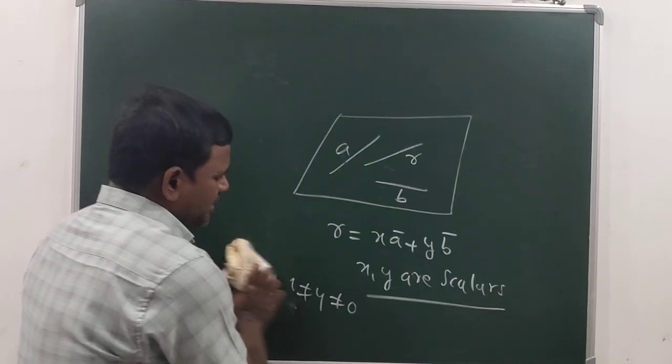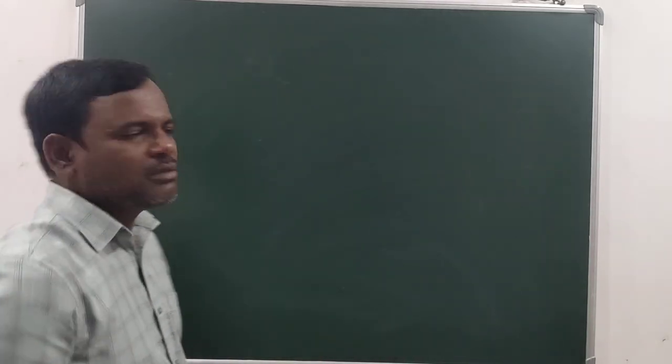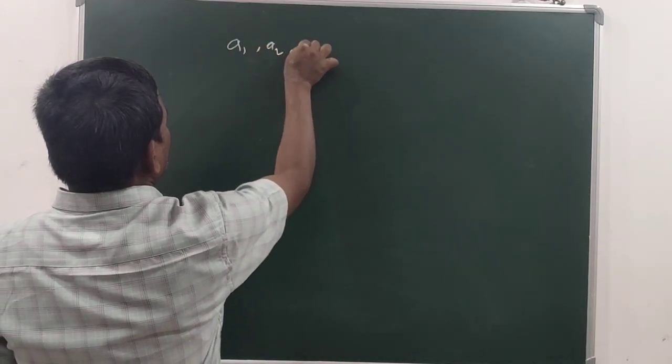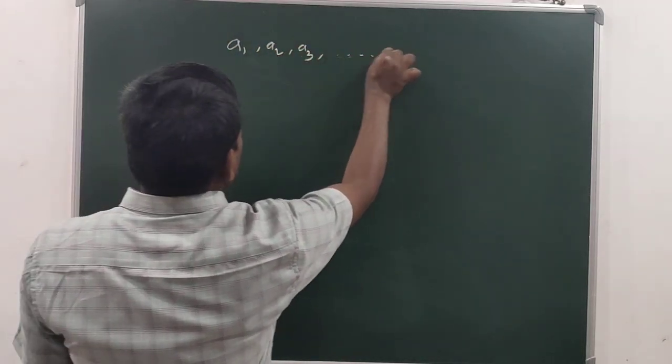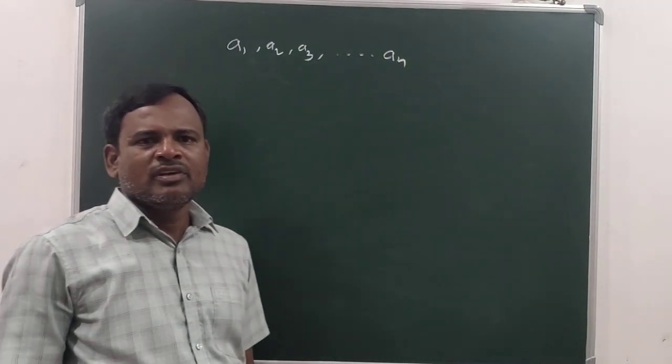Right. Next, here some n vectors are given like this: a1, a2, a3 and so on up to an. There are n vectors given.